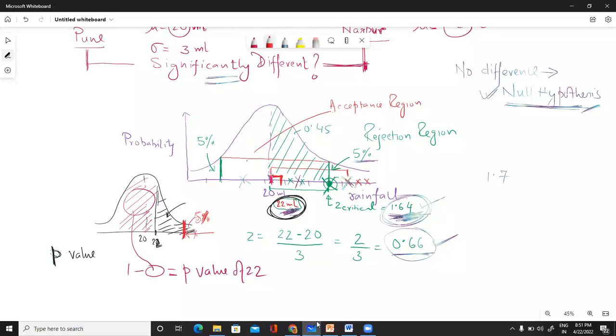Now the p-value is 2.5%, so that means it is somewhere here. If the p-value is very less, specifically less than the significance level you have decided, then should you be accepting the null hypothesis or rejecting the null hypothesis?